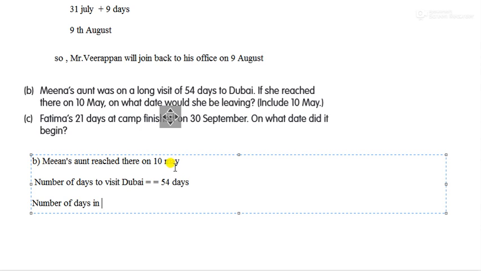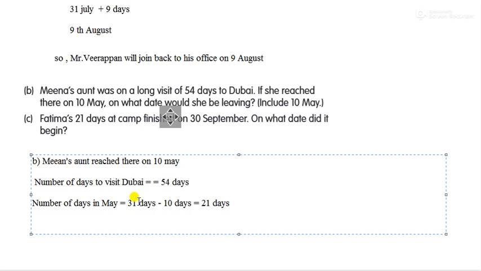On the 10th May she reached, so we have to calculate the number of days of May. Here 31 days minus 10 equals 21 days. So in the month of May, 21 days. Number of days in June. After May we will get June.